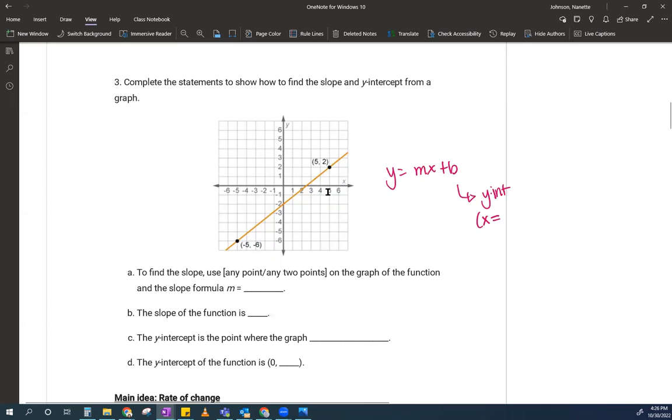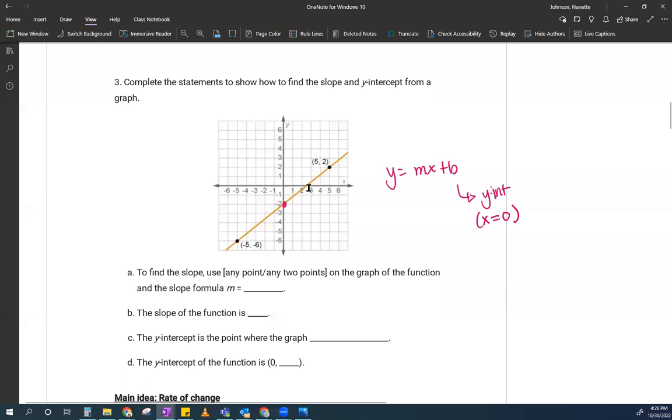My slope, on the other hand, is going to be rise over run. And I'm going to find that on my graph. So first of all, I find 2 really good points, and here are 2 good points.